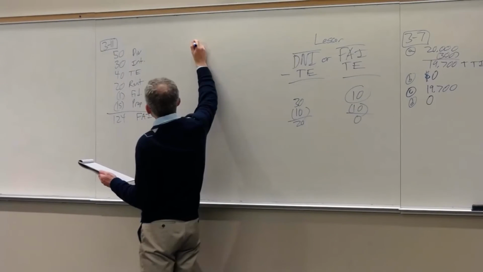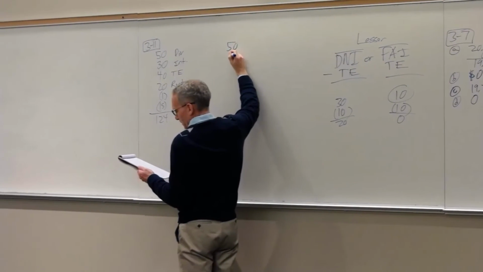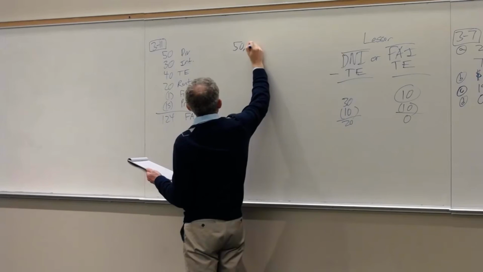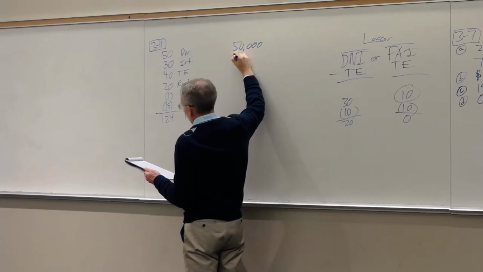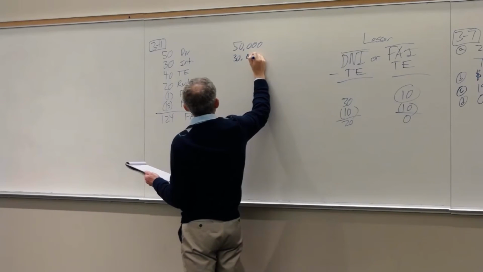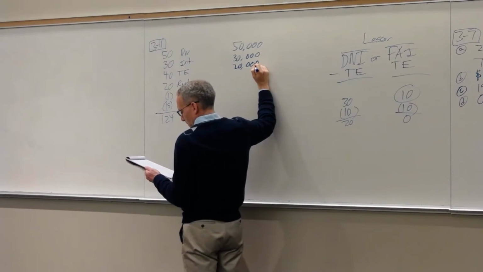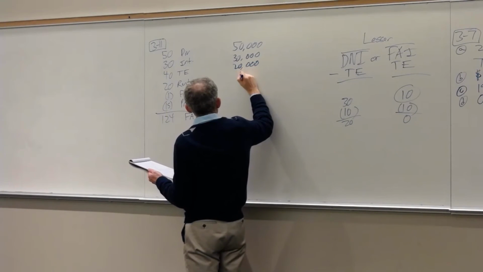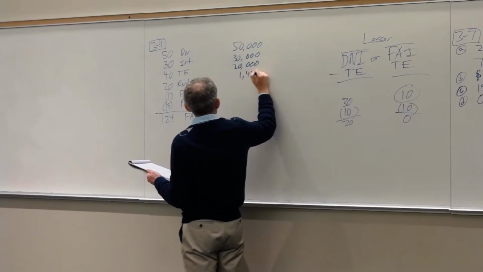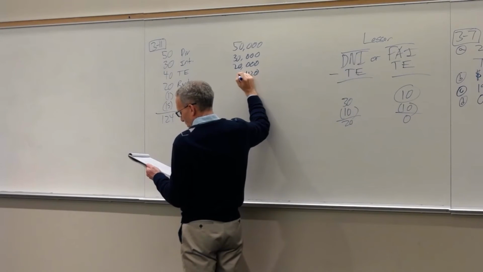Let's just go through it. 50,000 plus 30,000 plus 20,000, and we got to deduct $1,420 worth of the fees, not the whole.